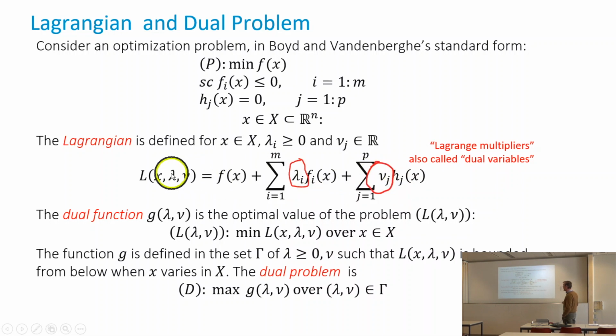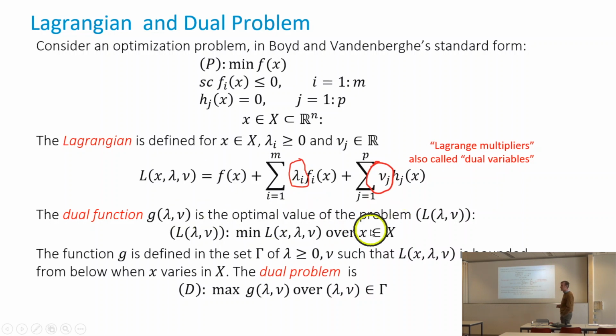Now, if we solve the problem where we replace the objective function by the Lagrangian, we obtain another problem, which we call the problem L, which has now two parameters, lambda and nu. So I can minimize this.